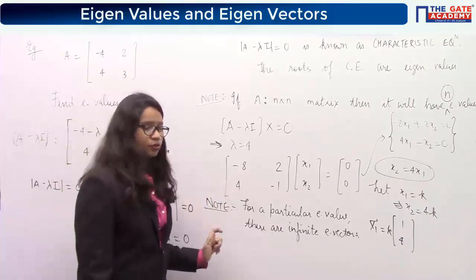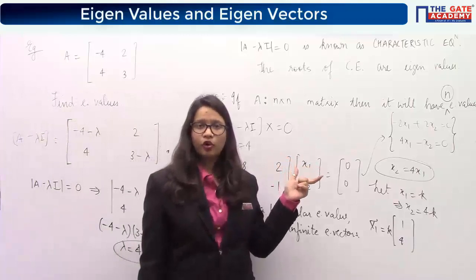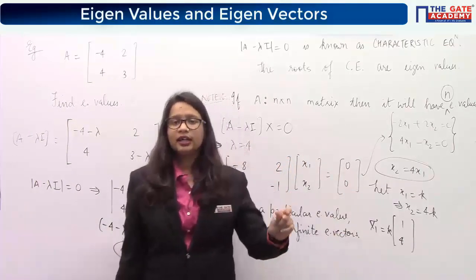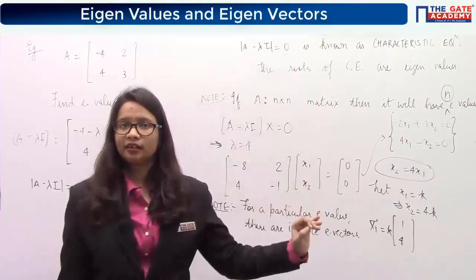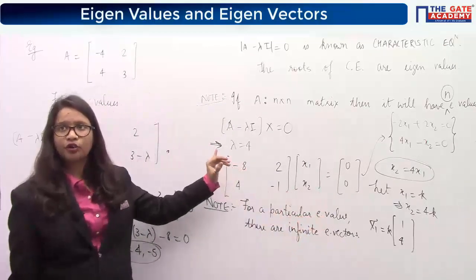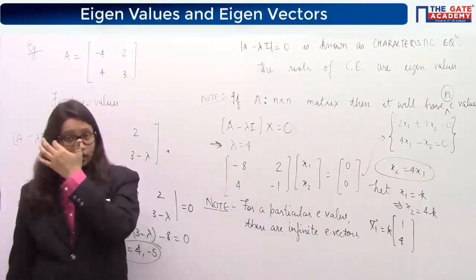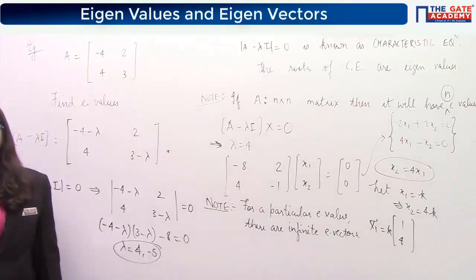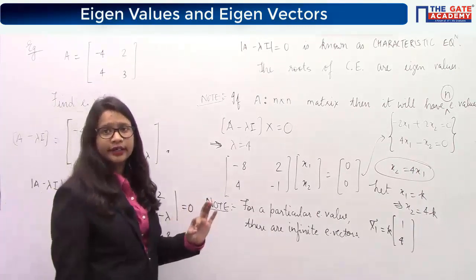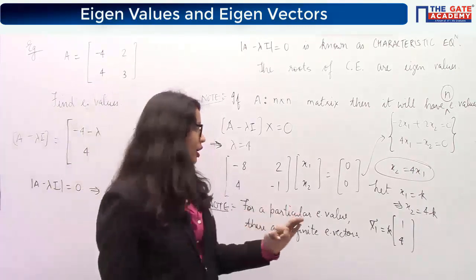But if I ask you, for this lambda equal to 4, how many linearly independent eigenvectors are there? Then what will be your answer? Yes, only one. Only one linearly independent eigenvector is there.